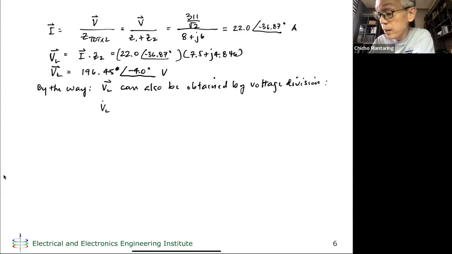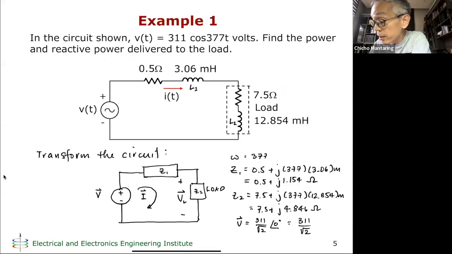Vs of L would be equal to V times Z2 over Z1 plus Z2. So you could also have used that particular formula. So that's just indicative of many ways of doing things. So I know now the current flowing through the load. I know the voltage across the load.